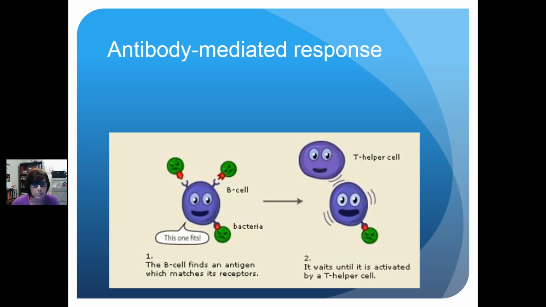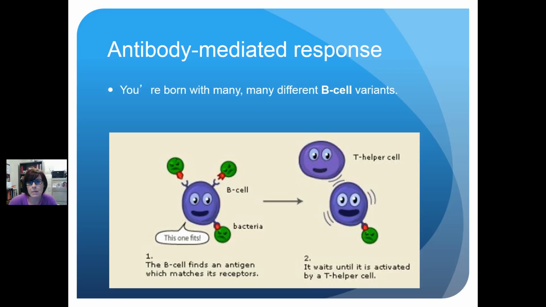Here you have your helper T cell that has been activated. It says, this one fits right here, the B cell that fits that antigen. They've got a match that will trigger them. The B cell will wait until it's activated, so again, it has to be activated by a helper T cell.